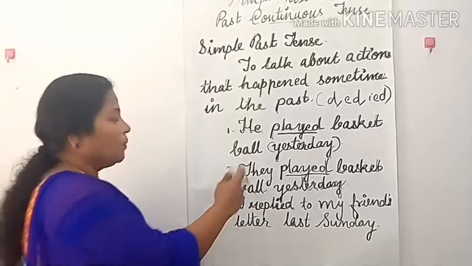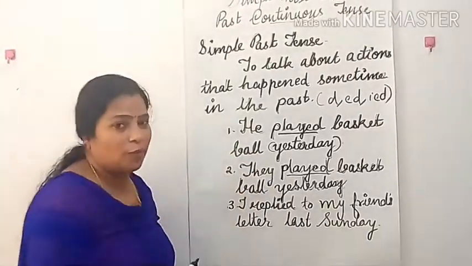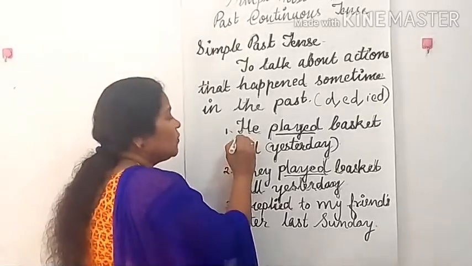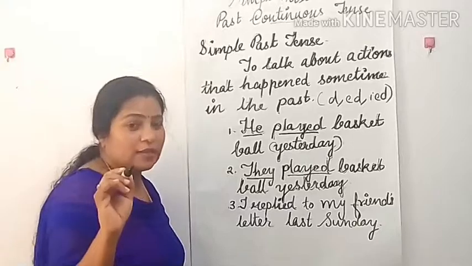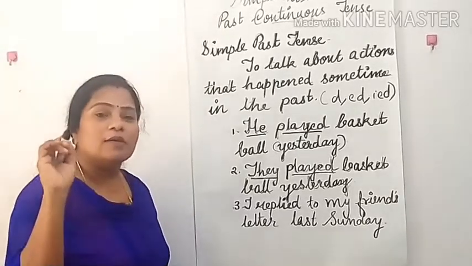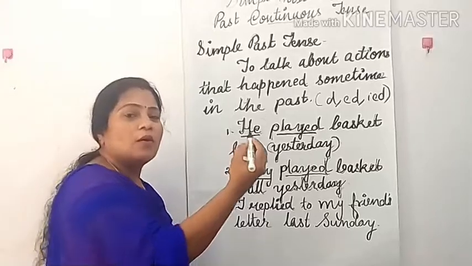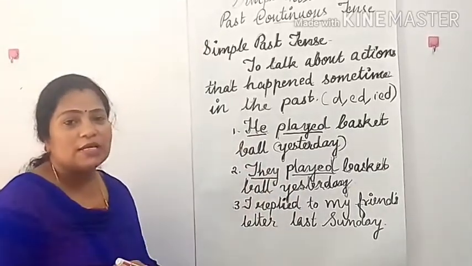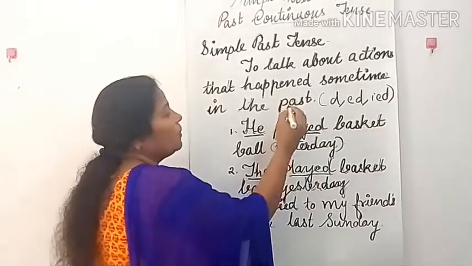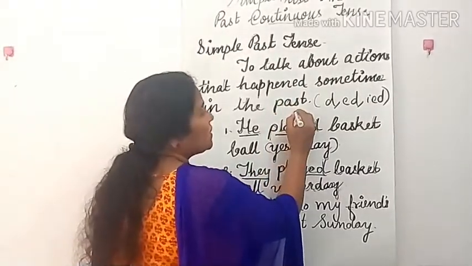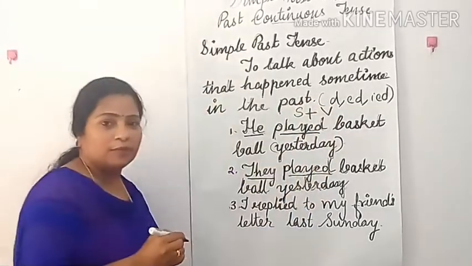Okay, so now I use the same sentence over here, just I change the subject. See over here. Like in simple present tense, we said that the verb depends upon the subject. Now here also in simple past tense we have to add subject plus verb.